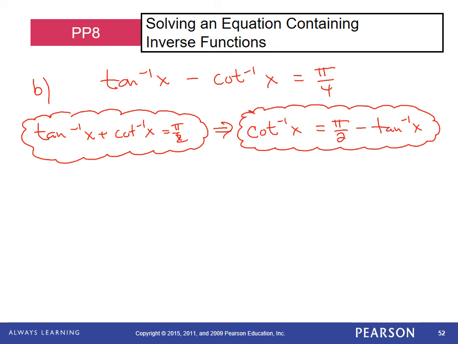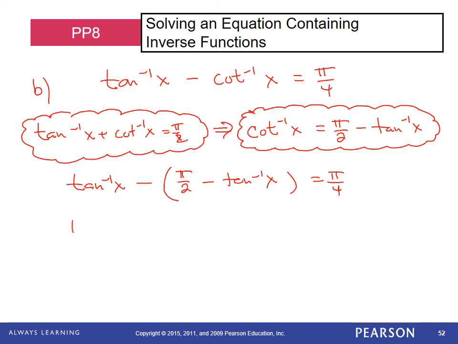But our problem begins with tangent and there's a cotangent. So how can we change it? We're going to substitute cotangent as pi over 2 minus tangent inverse of x. Good there? That's really the tough part. If you got through that part, you've got the rest.